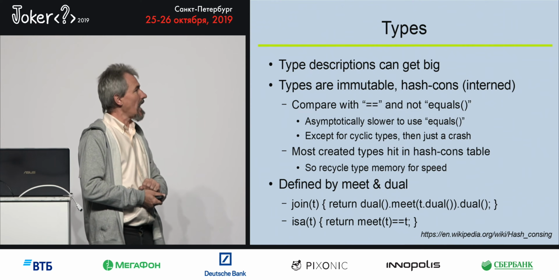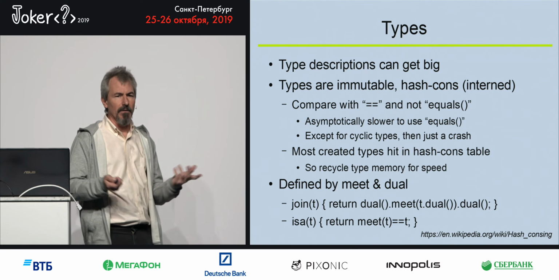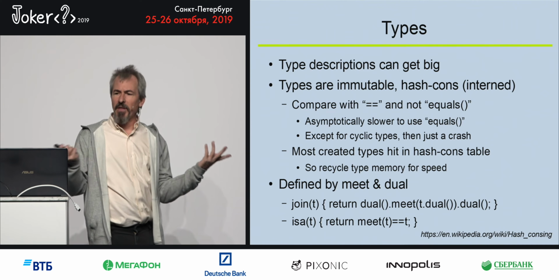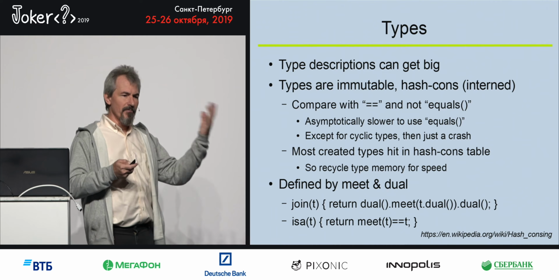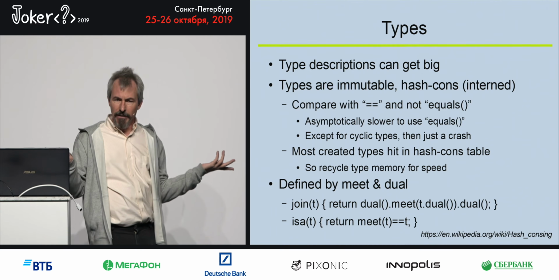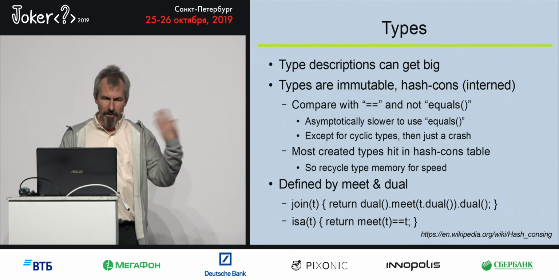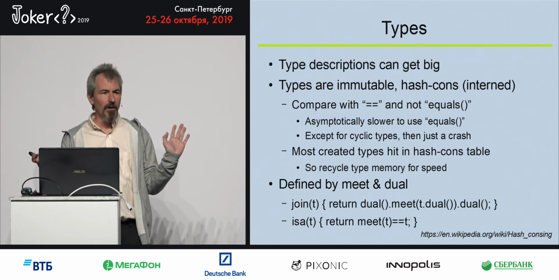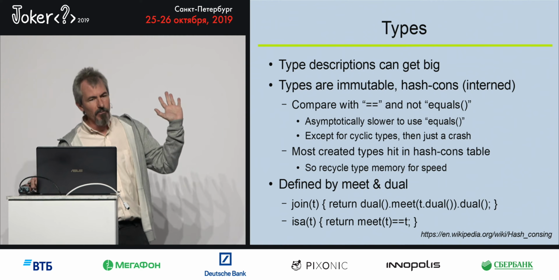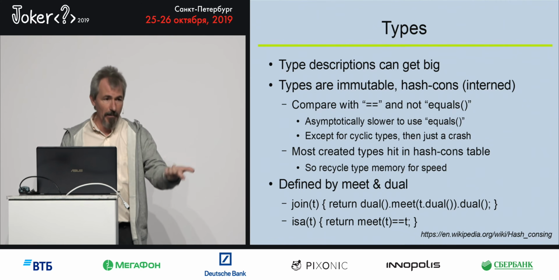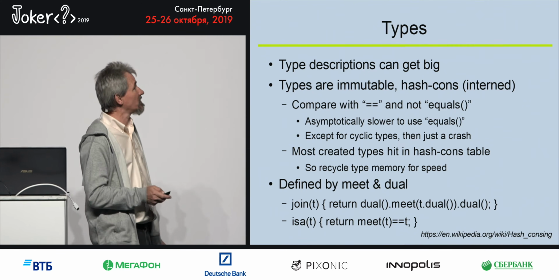So the types are produced and thrown away millions of times, but only a few thousand ever show up in any particular compilation unit. So the ratio of make to keep is 1,000 to 1. And because I recycle them immediately in memory, they all live in your L1. I make one, I look at the hash cons, I get a hit 99.9% of the time, I reclaim that memory, and I use it again for the next type. All hits in L1. It's one of the fast things we do.